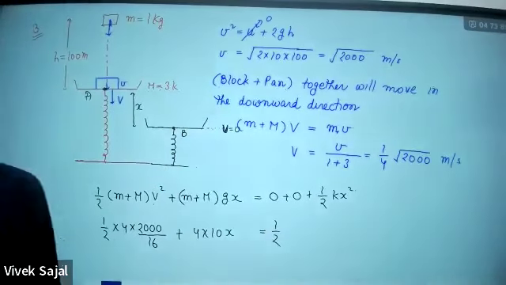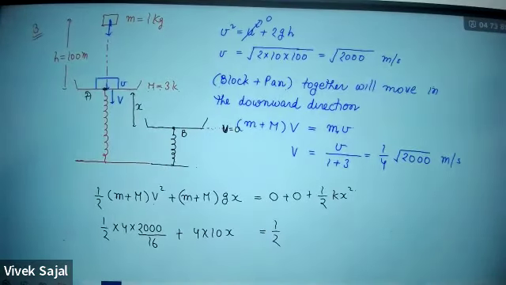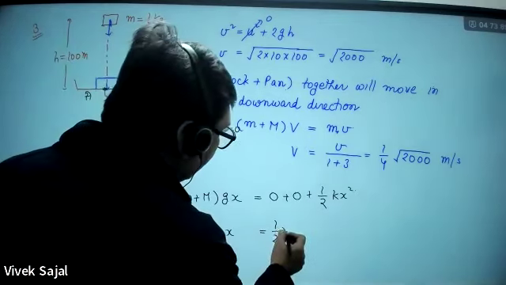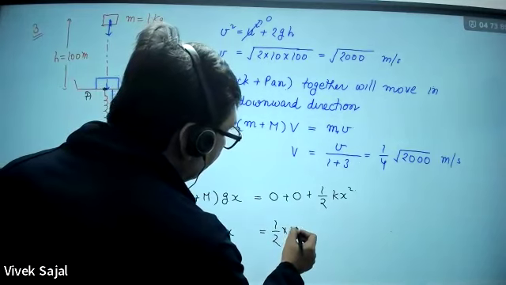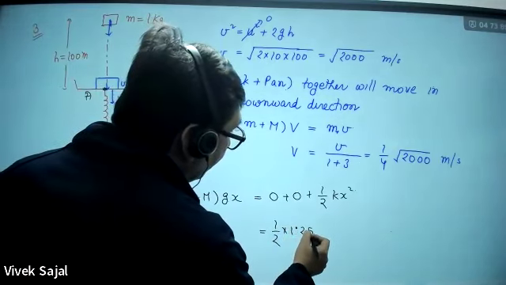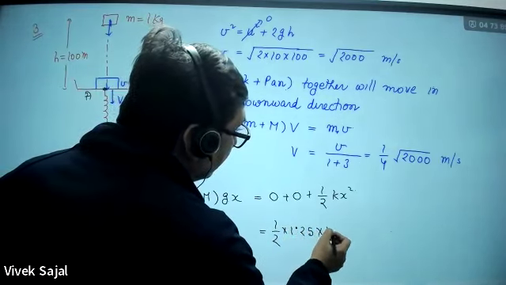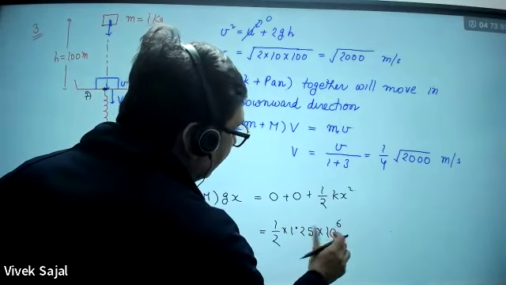What is k given in this question? What is the value of k? 1.25 into 10 to the power 6. So this will be 1.25 into 10 to the power 6. So this is a very large number.